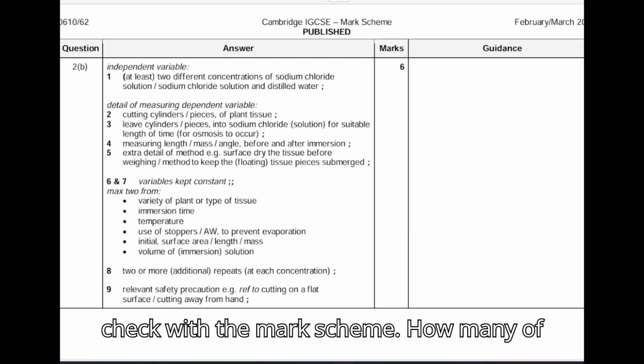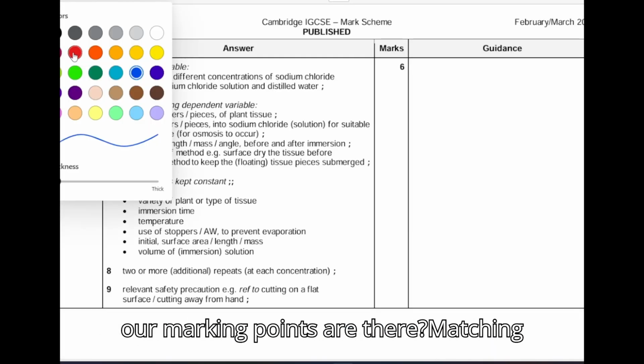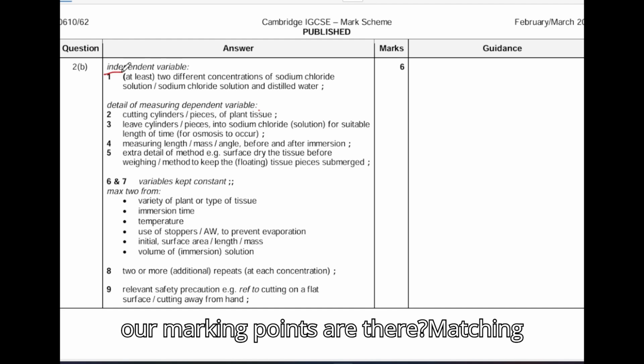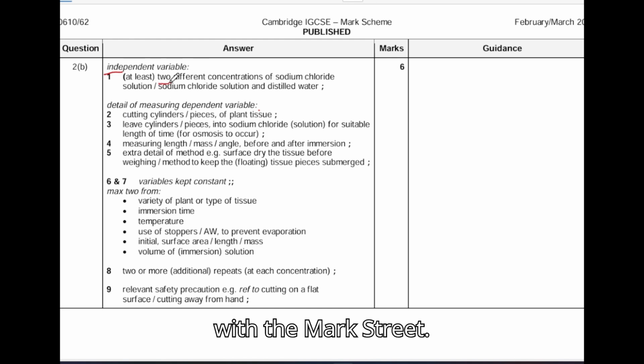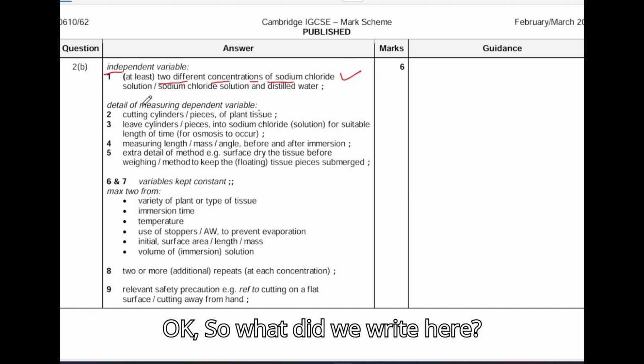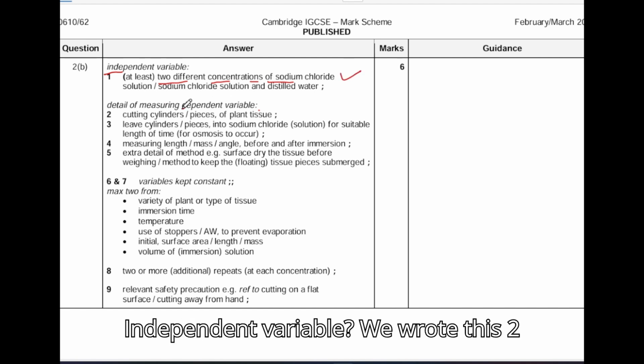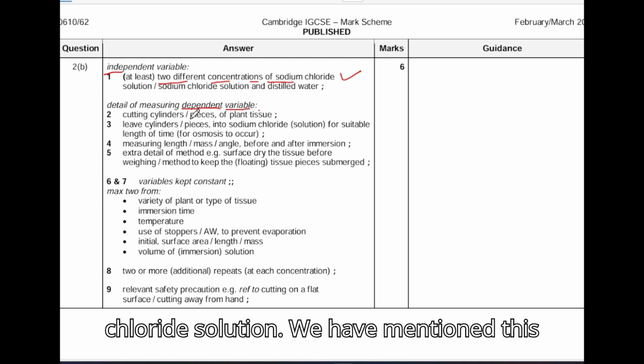Okay, this is all that you need to write in your investigation answer. Now let's check with the mark scheme how many of our marking points are matching. Independent variable, we wrote this, 2 different concentrations of sodium chloride solution.